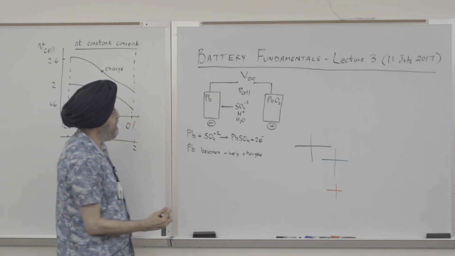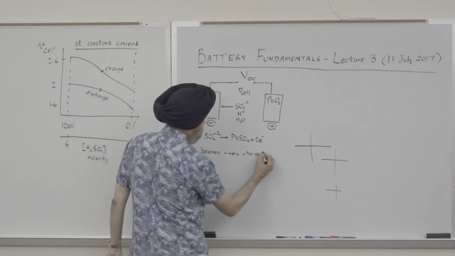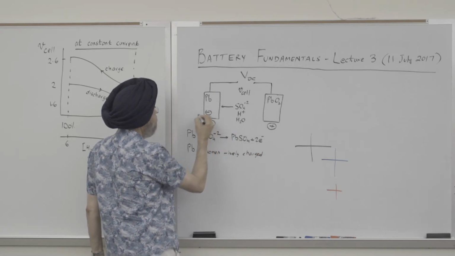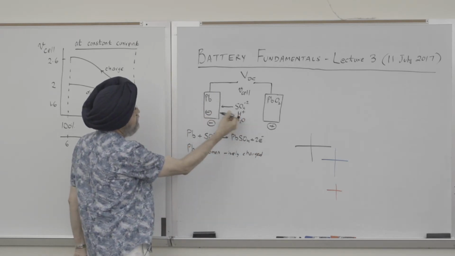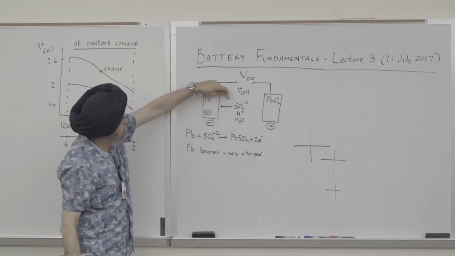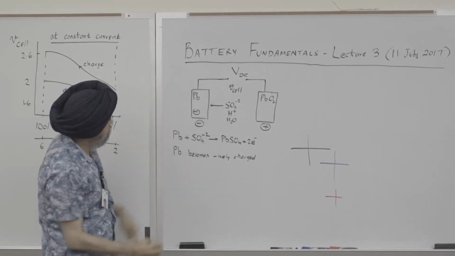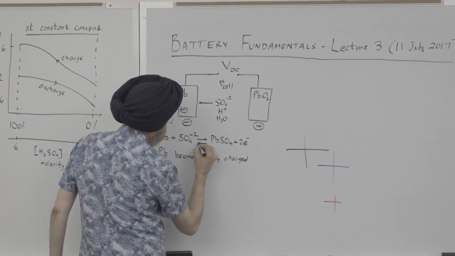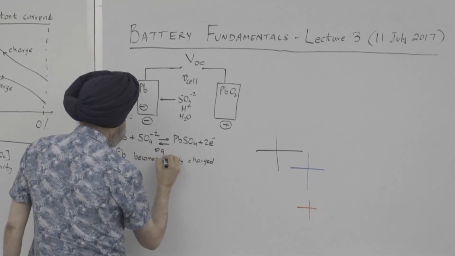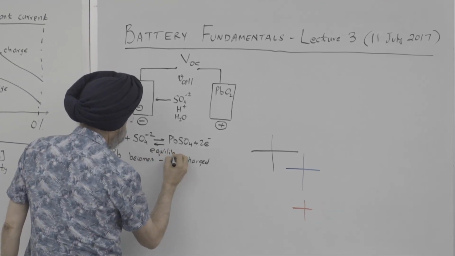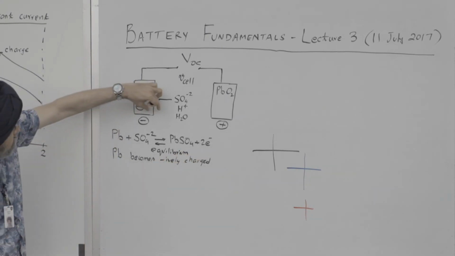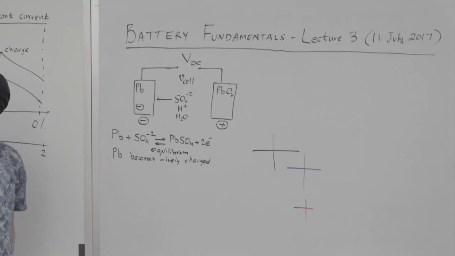It keeps becoming negative until, so let's say if this becomes very negative, then the sulfate ions cannot, the electric field will push them away, right? Because this is negative and this is negative. So this reaction reaches equilibrium at some point.